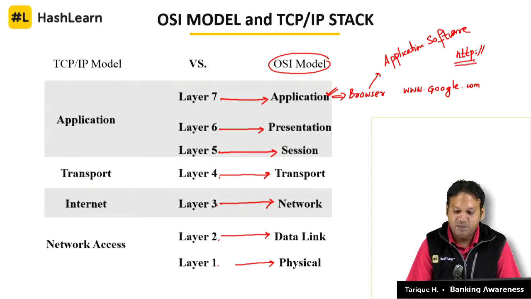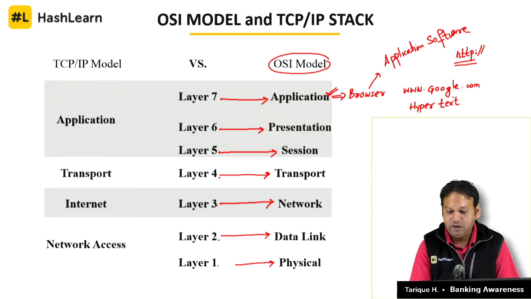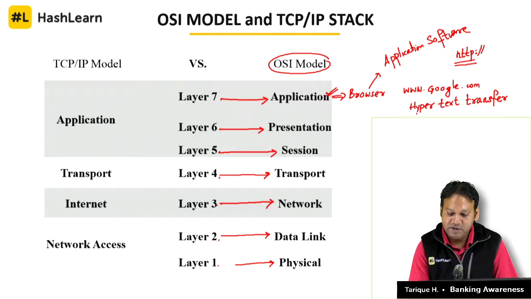So what protocol is being used here? Hypertext transfer protocol. In a very simple way I am explaining to you, so that even if you are not from a computer background, you should know these things. All the interaction on the internet happens through the hypertext transfer protocol.